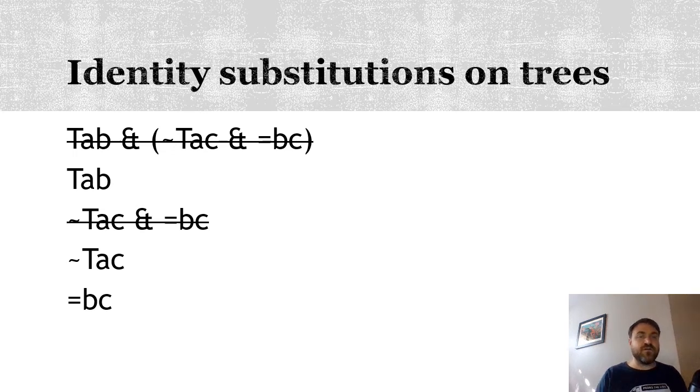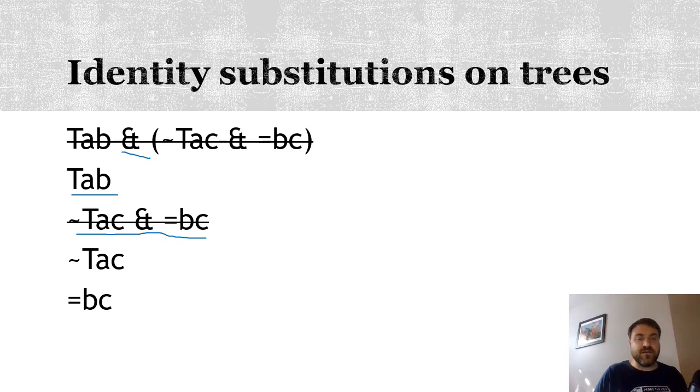Okay, so for example, take a look at this tree here. On this tree, the idea is that you've got this conjunction here, right? That's been split up into TAB, and this second thing, not TAC and not, or B and C are identical, right?